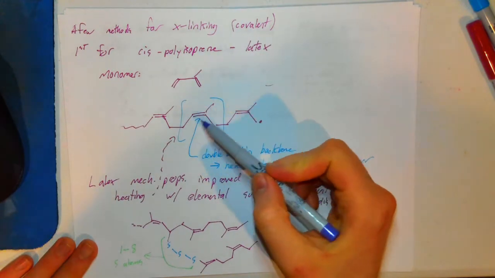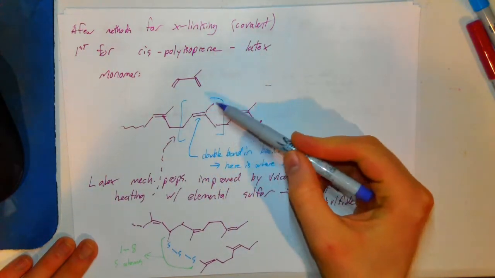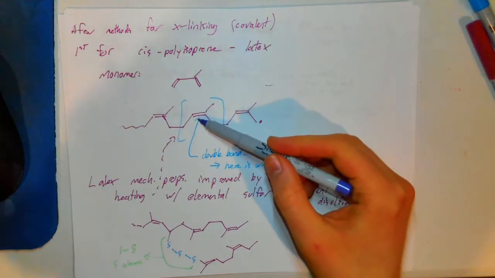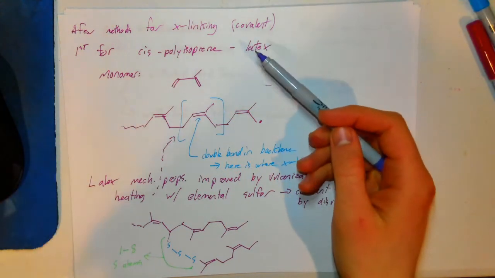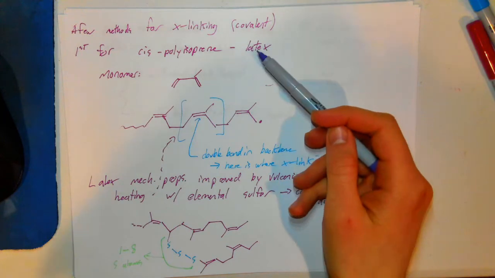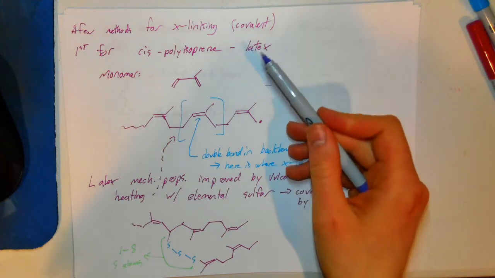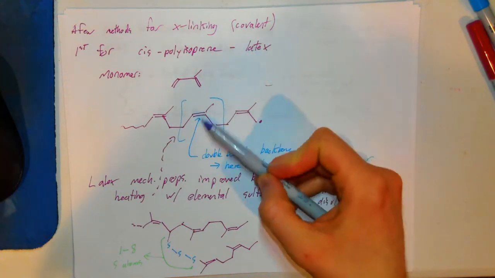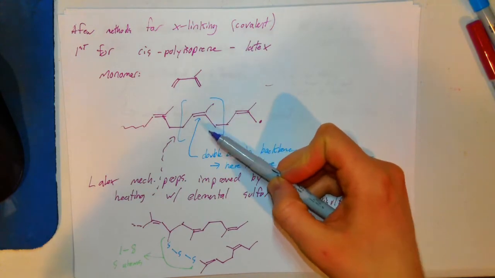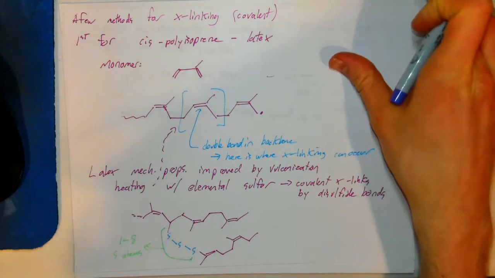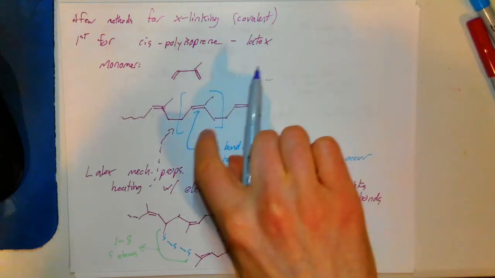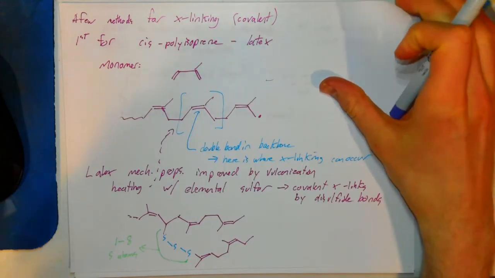Well, it turns out that the body mounts a pretty huge immune response in response to latex. Basically, people have allergies to latex, and even people without specific latex allergies generally, upon implantation, particularly for vulcanized rubber, there's no way this avoids some kind of catastrophic immune response.